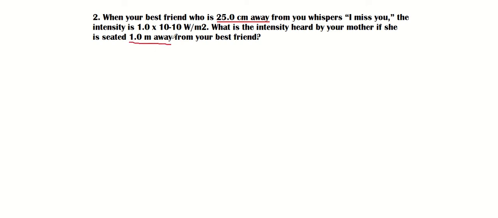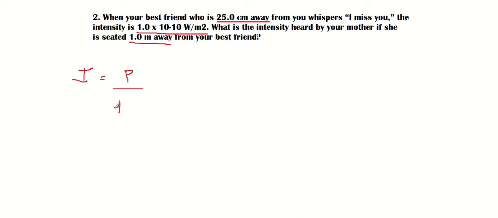So ito yung distance ng nanay mo mula dun sa best friend mo. Ang tanong dito is yung intensity na maririnig ng nanay mo kung 1 meter away siya from your best friend. So meron tayong given na intensity kapag 25 cm away, which is 1 times 10 raised to negative 10. Balik tayo sa formula para guided lang tayo.